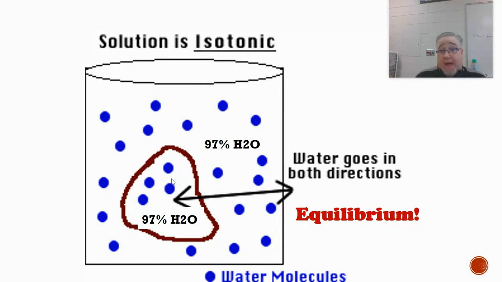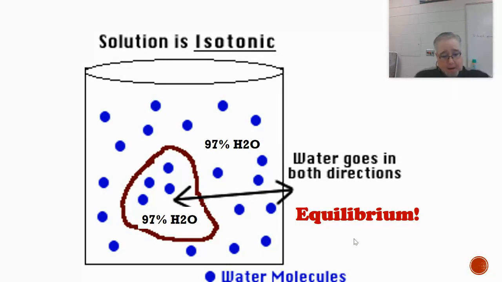It's still moving back and forth, just at the same rate. The water that's coming in and the water that's coming out are moving at the same exact rate, and the concentrations on the inside and the outside are exactly the same. So that's isotonic, which is basically a cell that has met equilibrium with its environment.